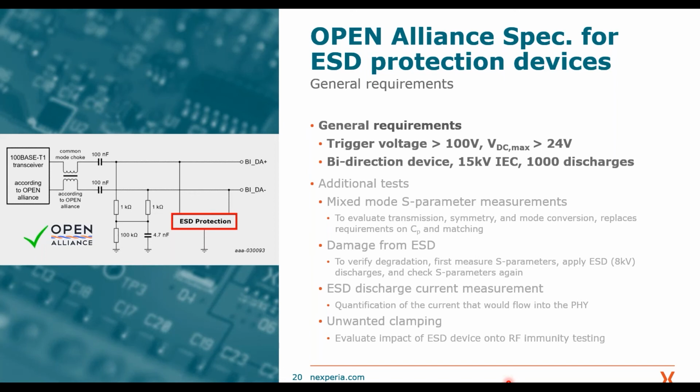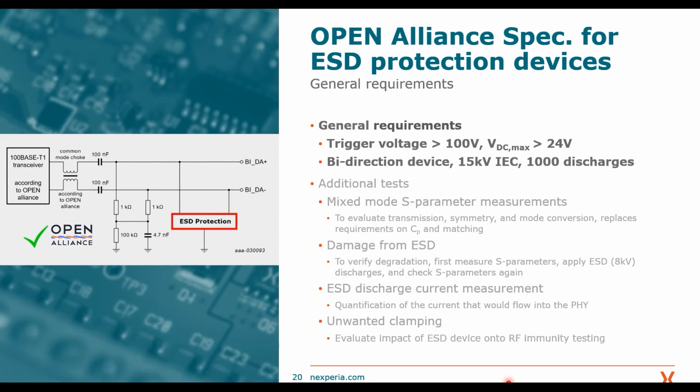The first one is that the ESD protection device needs to have a trigger voltage above 100 volts. This is very untypical because it's a very high voltage, and this is basically due to the immunity to these DPI tests.